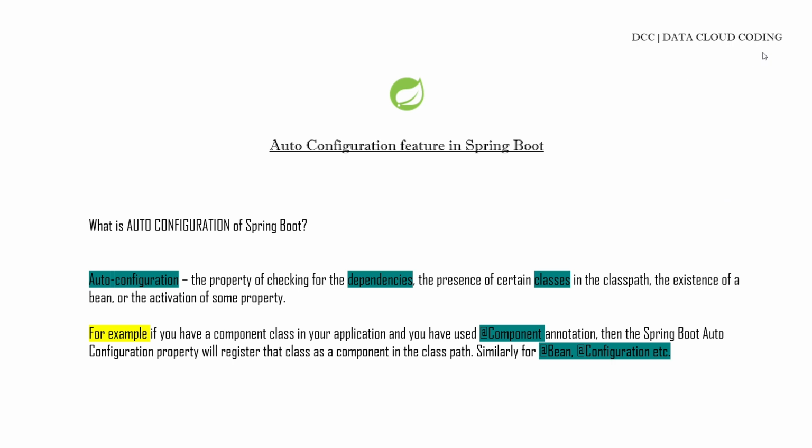That's it. I just use the @Component annotation and Spring Boot automatically identifies and marks that class as a component class. Similarly, we can do that for the @Bean annotation. If I have a class that will be handling configurations in my application, I can mark that class using the @Configuration annotation, and Spring Boot will take care of the rest of the things.